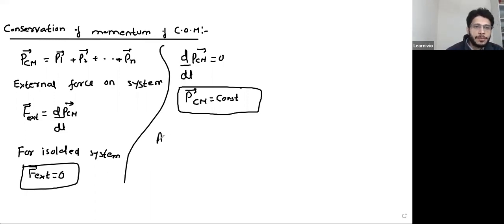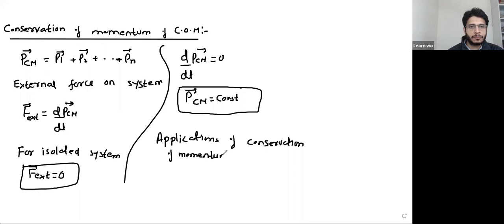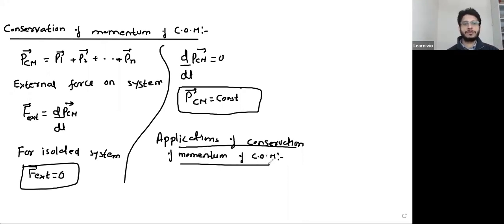Now see some real life applications of this principle. Application of conservation of momentum of center of mass. The first application is, say if you have a molecule of mass m, which is at rest. The molecule is at rest, that means initially the momentum of center of mass is 0.